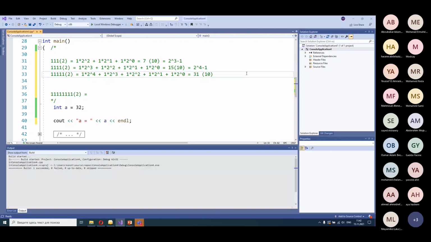It equals 2 power 5 minus 1, right? Here we have 32 minus 1, and when we have 8 cells, we have 2 power 8 minus 1.